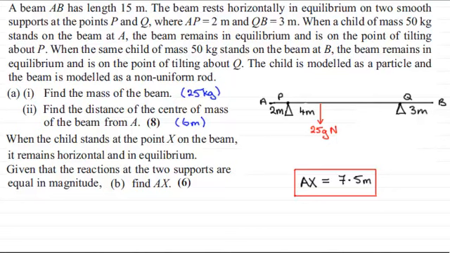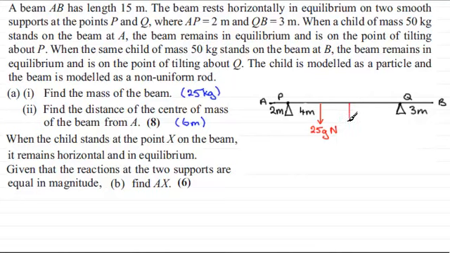So let's just put on some more forces acting on this beam here. Now the child has got a mass of 50 kilograms, stands at a point X on the beam, and we've got to find that distance from A to X. I'm going to just say that the child stands, say, round about here.